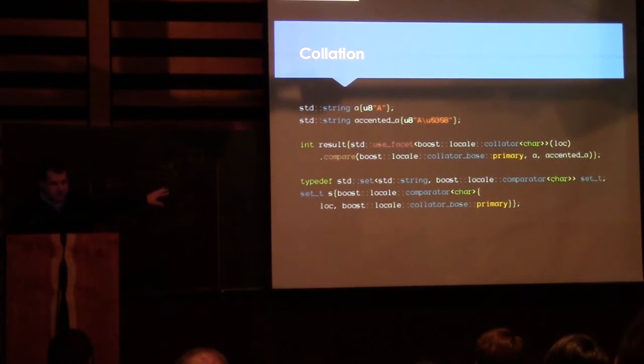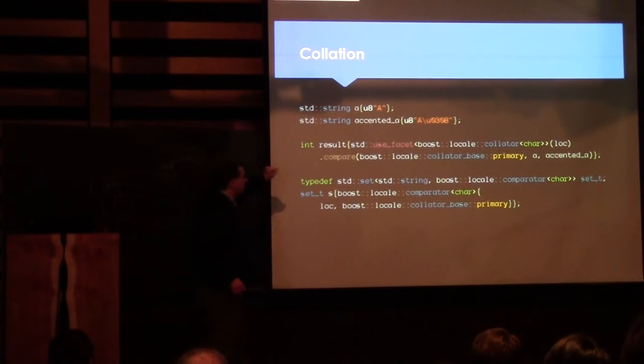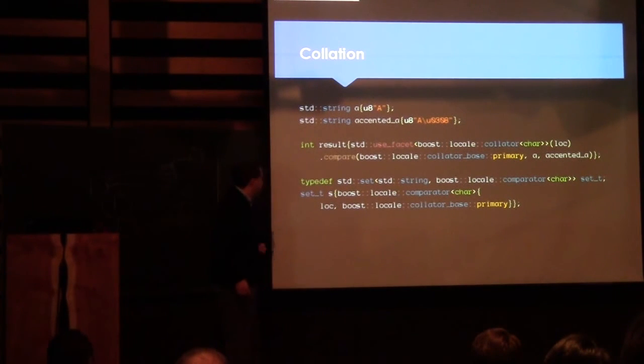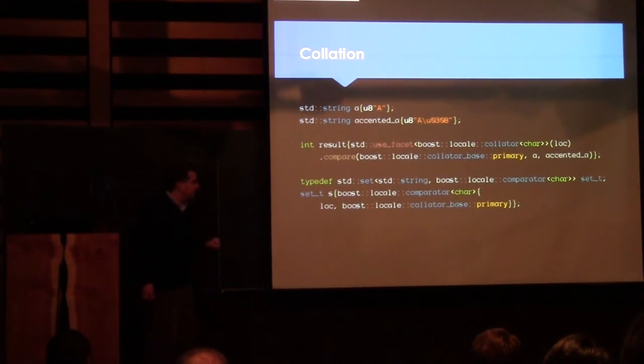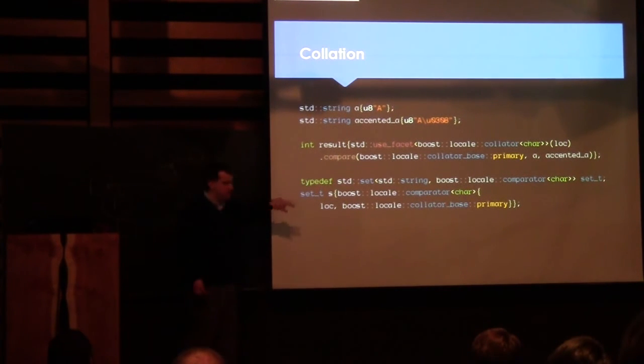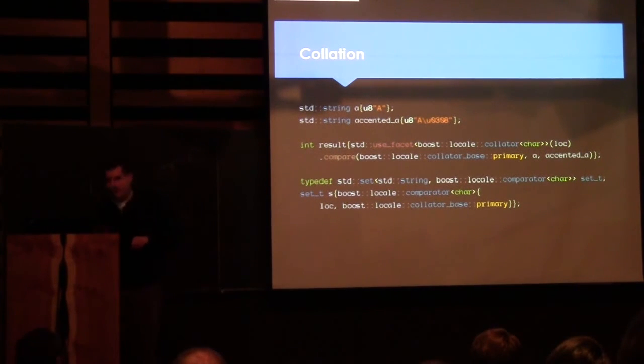So we can do collation. For example here, again we have the A and then the A with the diaeresis, and if we do the comparison, basically we get the collator facet from the locale, and then we call compare on it. It also has a nice helper that will let you use this as, for example, the comparer for a map.